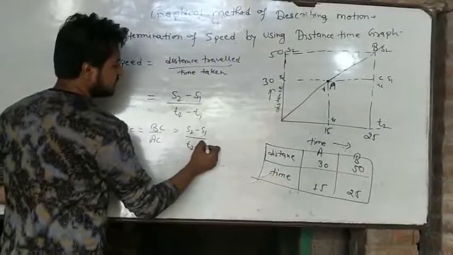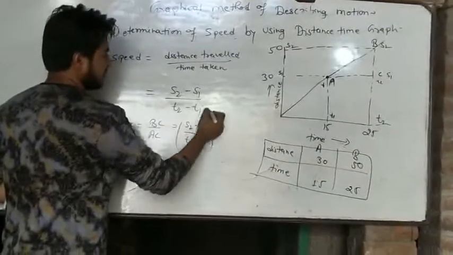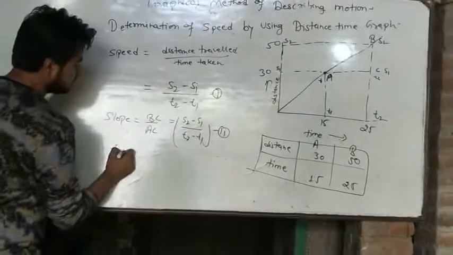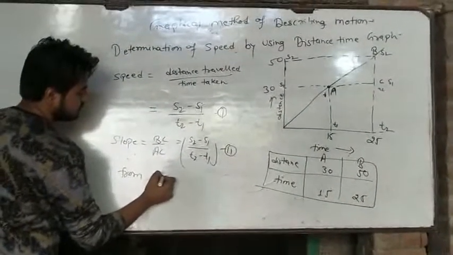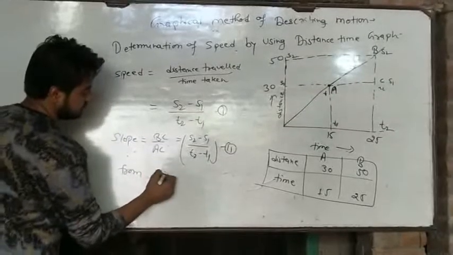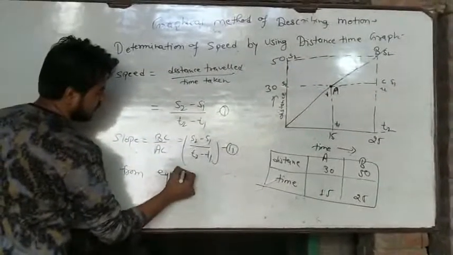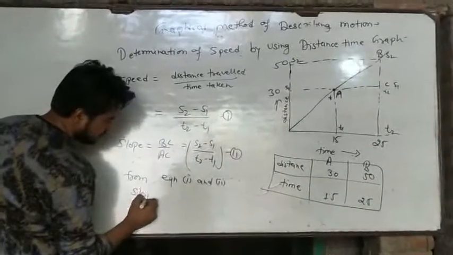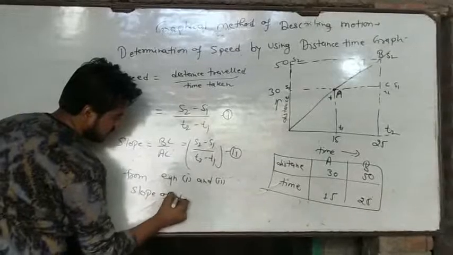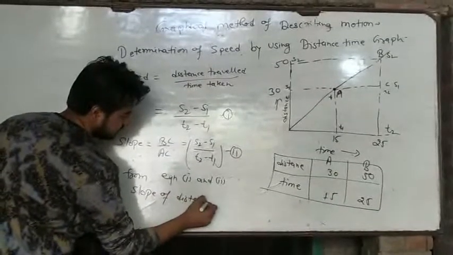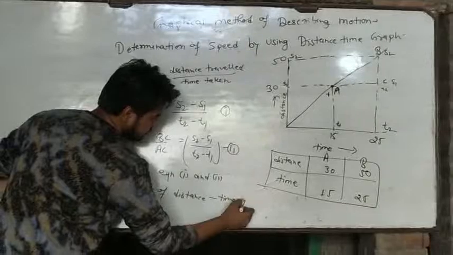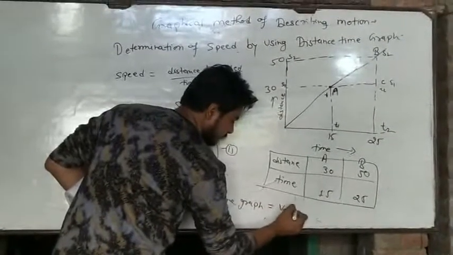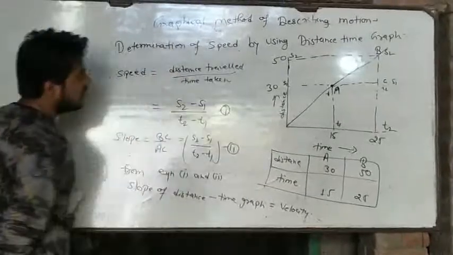This is equation 1, this is equation 2, and from equations 1 and 2, the slope of the distance-time graph is equal to velocity. Now write down this.